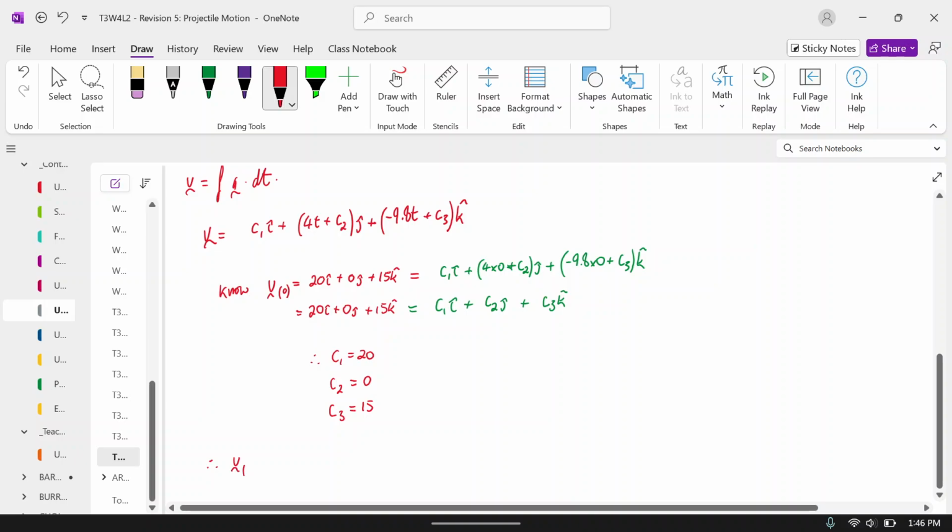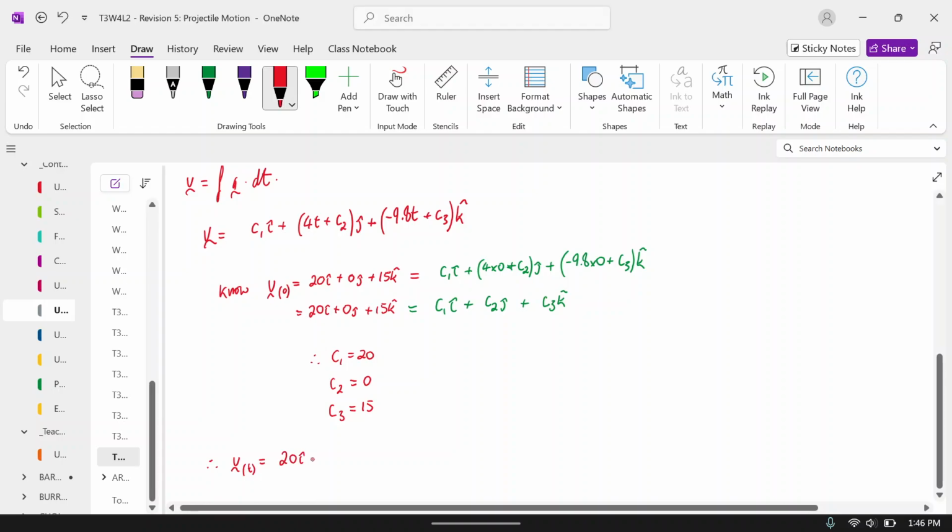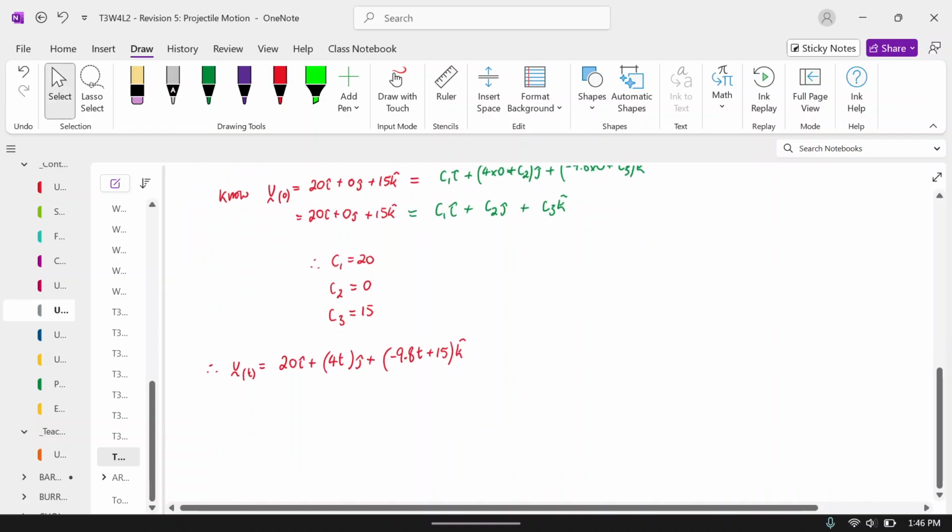So now I can sub this back in. Now I've got velocity at any time, which is going to be that 20i plus 4tj plus negative 9.8t plus 15k hat. Groovy. Last step, let's integrate again.